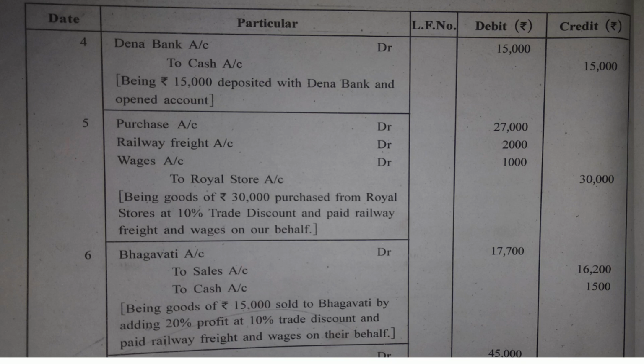So overall, goods are of rupees 27,000. Purchase account debit 27,000. Railway freight is an expense.